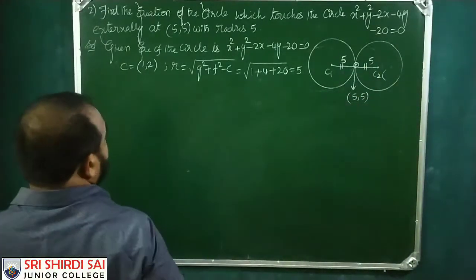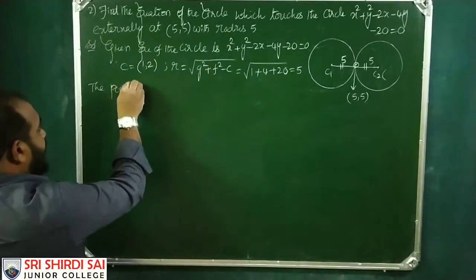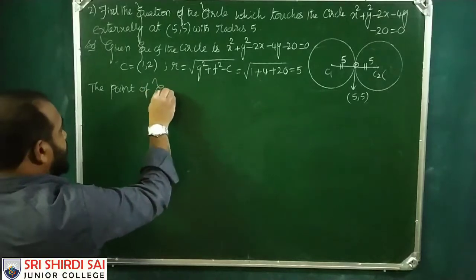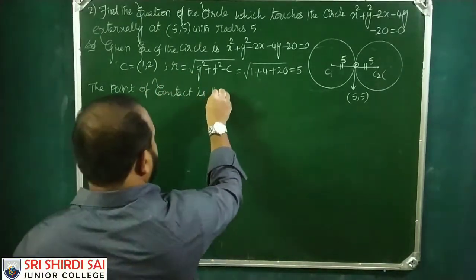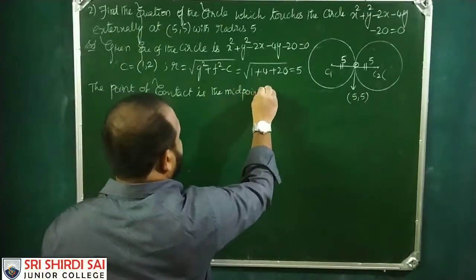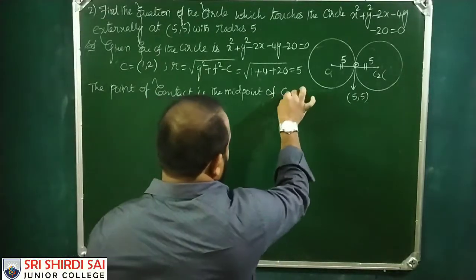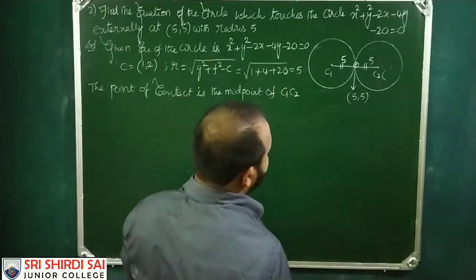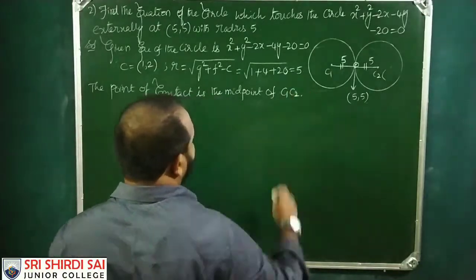So the point of contact is the midpoint of the line joining the centers C1 C2.